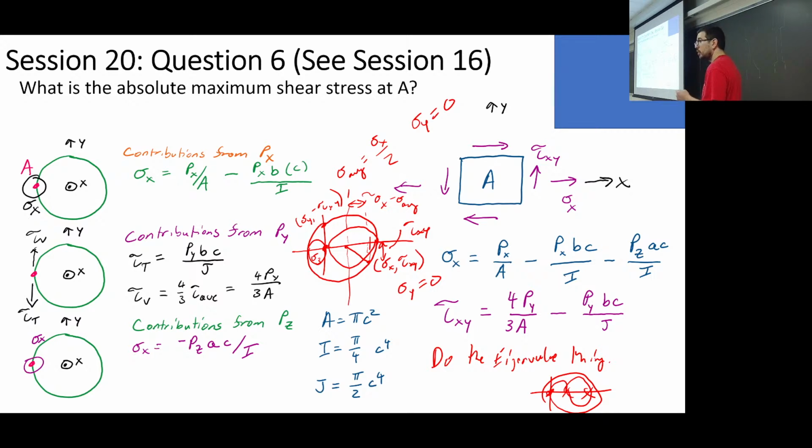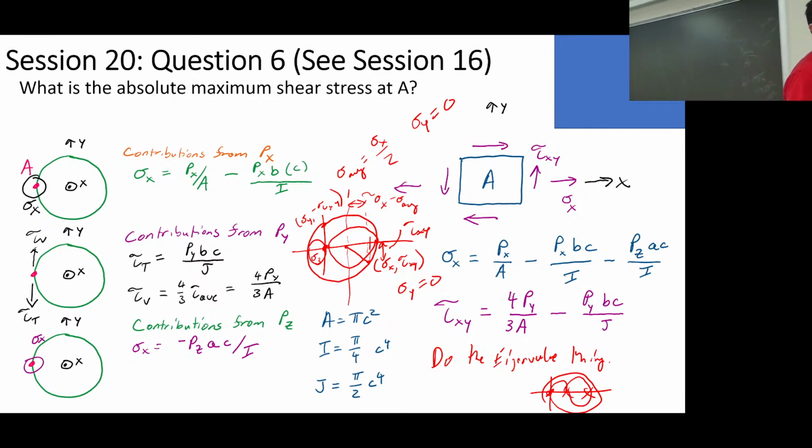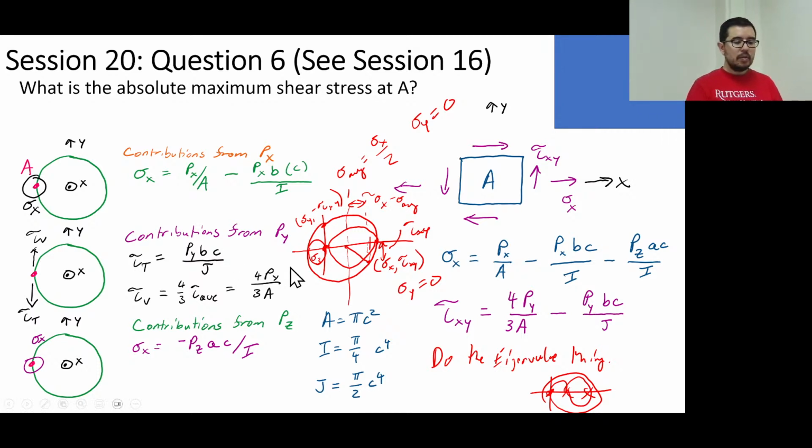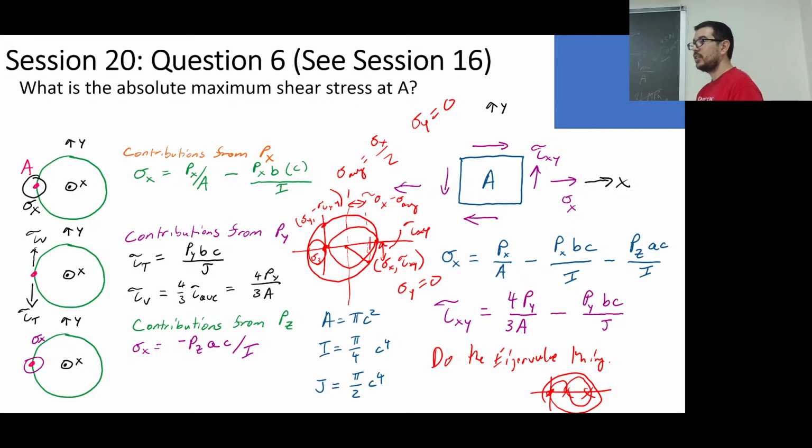Can you clarify again where you got the two smaller circles? Which one is which? The two smaller circles I drew in after the fact. So first off, do we agree that sigma y is equal to 0 for this? Does everyone see that? That's just because it's not specified. When we did the calculations, there was no sigma y. So sigma y is equal to 0.